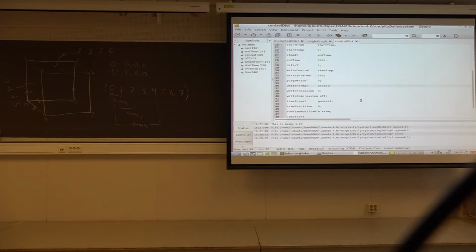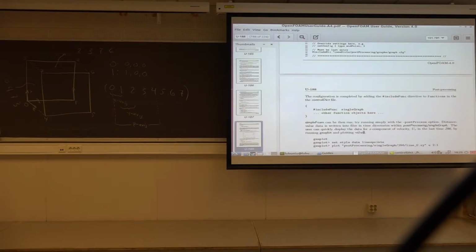He has include function streamlines. That's the default for this Pitts-Daly case. I don't want streamlines. I want the one that we just created, and that was single graph.